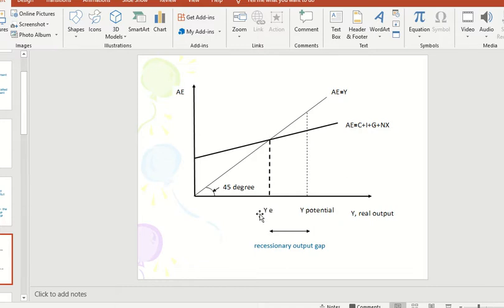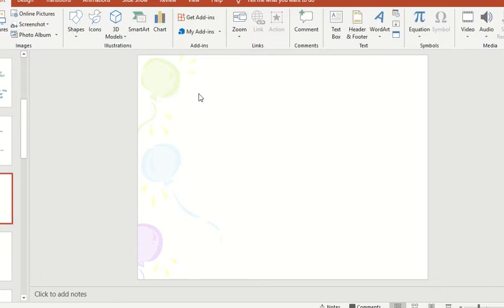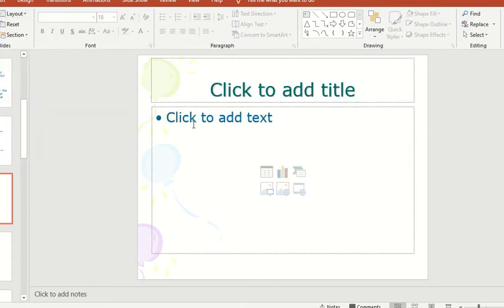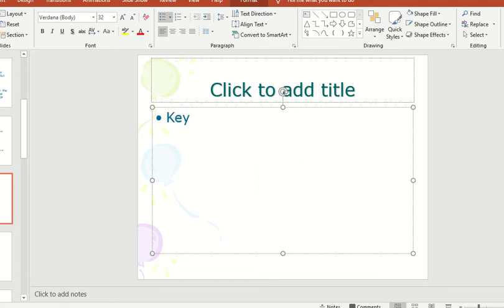Let's denote that as Y sub E. This is sometimes what we call the Keynesian cross, named after the famous British economist John Maynard Keynes.